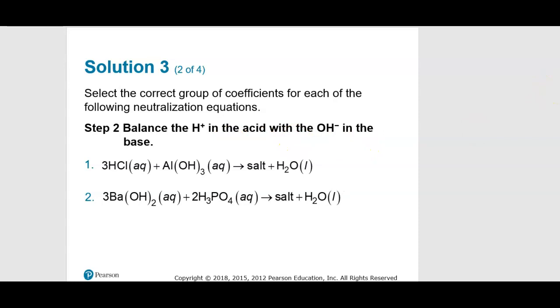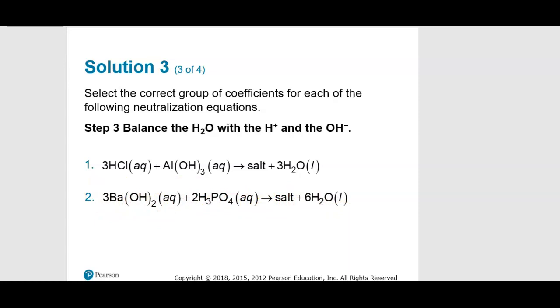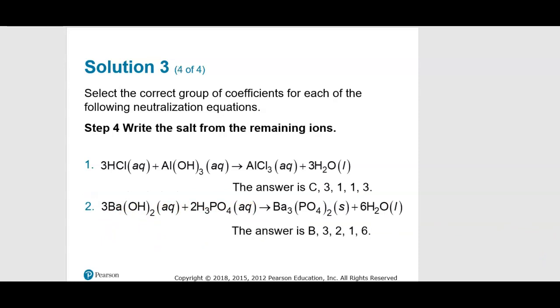You have to go through all this in a couple of steps. This is essentially what we did. So you end up with the 6 waters. You get the waters, the hydrogen ions, the hydroxide ions in order, and then you take care of the salt, and then it's 3, 2, 1, 6. So that's pretty much what we did.